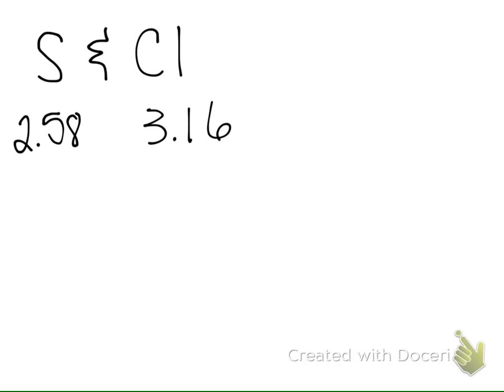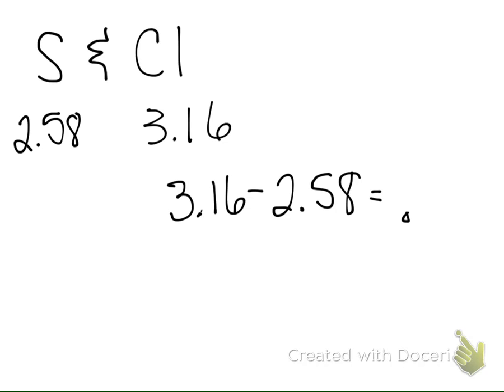Okay, so we take bigger minus smaller. 3.16 minus 2.58, and we get 0.58. So what type of bond is it? Polar covalent. Sulfur and chlorine are both nonmetals, so it makes sense that it's covalent. Chlorine is closer to fluorine, so the electrons will shade towards chlorine's side in this bond. All right, does that part make sense?